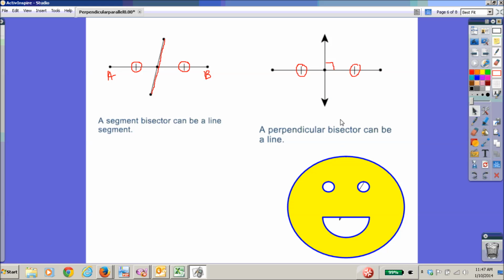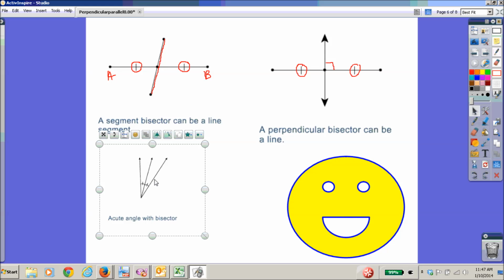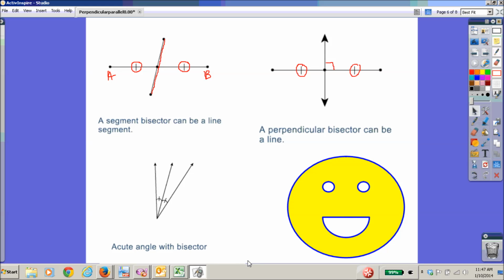And then the last item we have is an angle bisector, which means almost the same thing as segment bisector, but in reference to an angle. Notice that middle ray right there is cutting that angle in half, and the way that we know that is because of those tick marks. Those tick marks mean they are equal, congruent, therefore that one angle is being bisected.